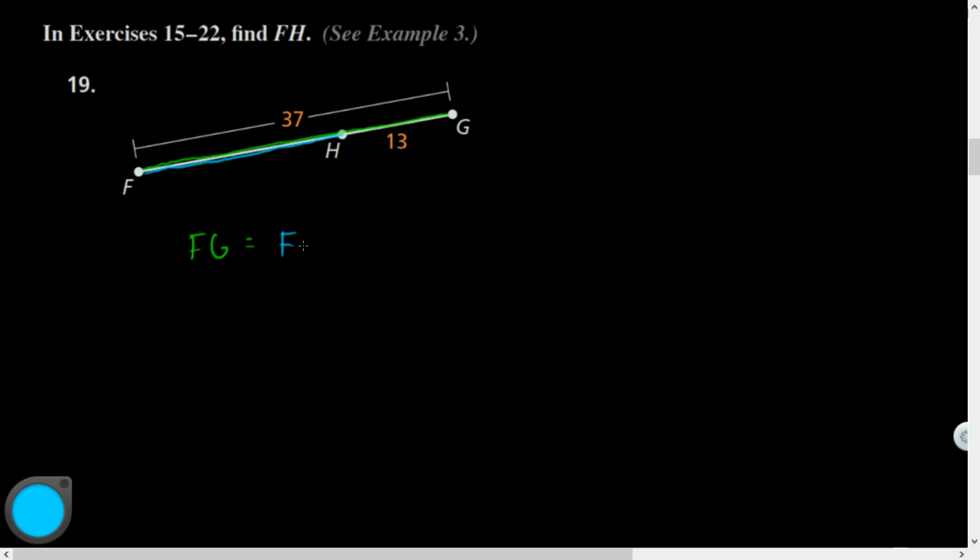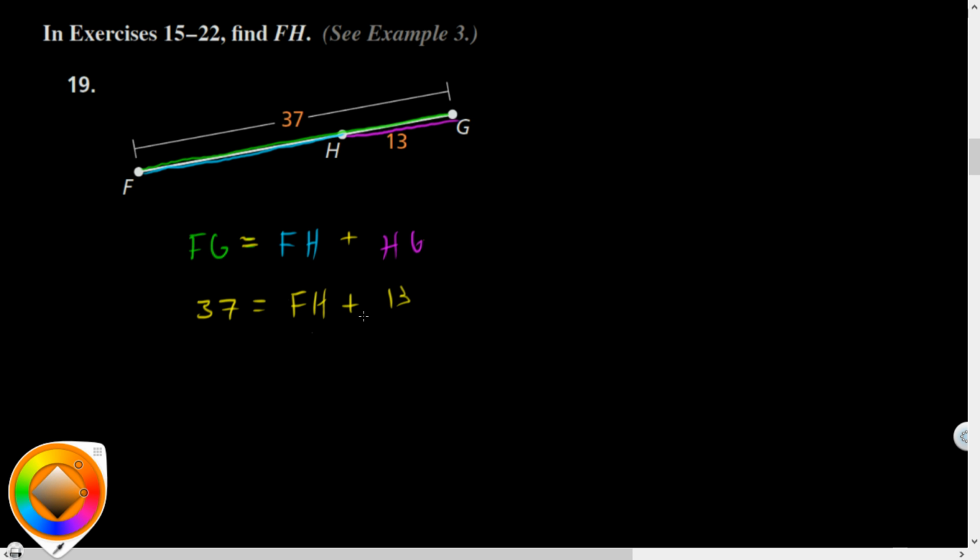So there's FH plus HG. The two non-overlapping shorter segments should add to be the length of the larger segment. Then you just plug in what you know using substitution and solve for what you don't. A classic algebra situation.